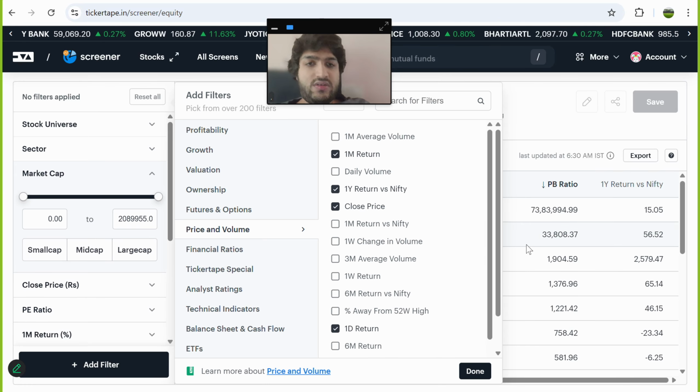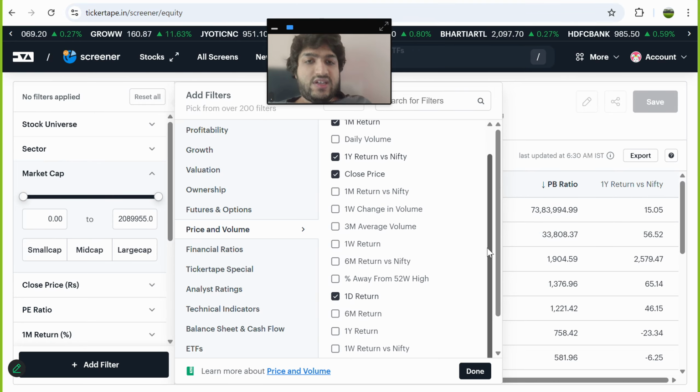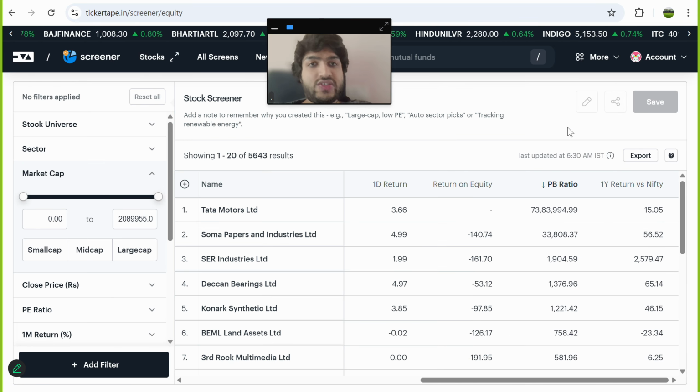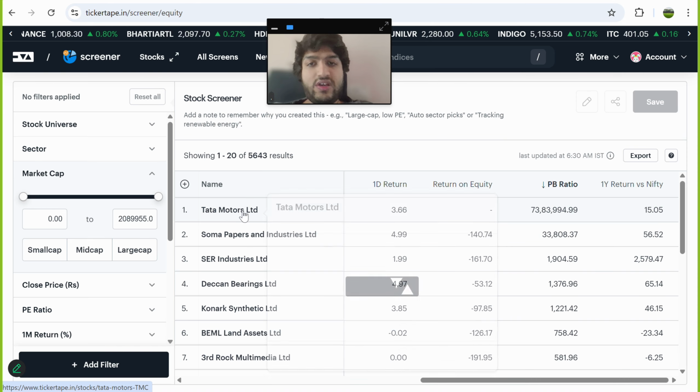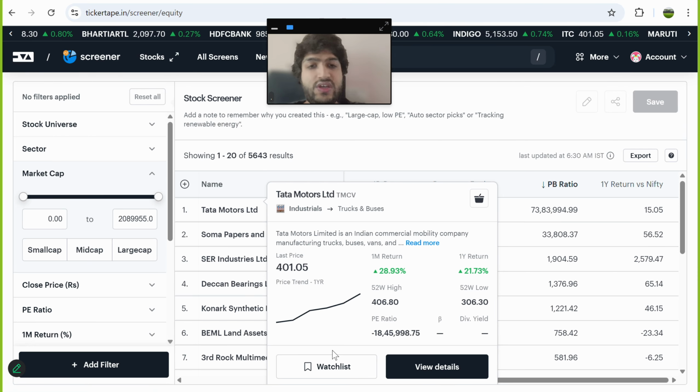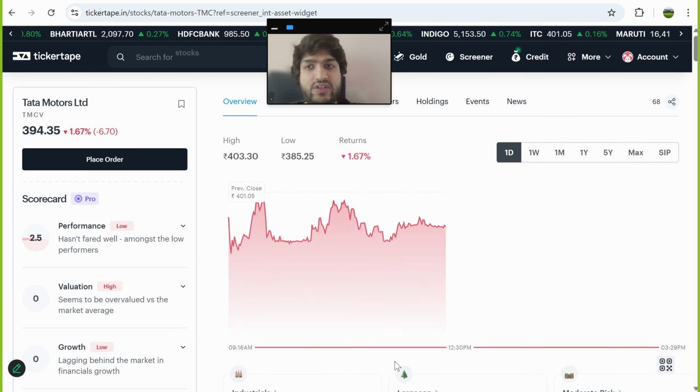So those are the different factors. Like you can also see the 6 month return versus Nifty, how much away the stock price is from the 52-week high. So, as you know, each stock is traded throughout the year. Say Tata Motors, it is traded throughout the year.